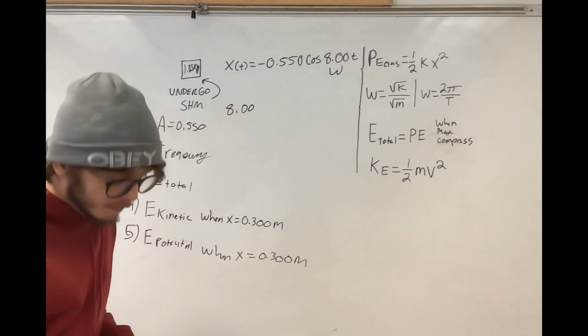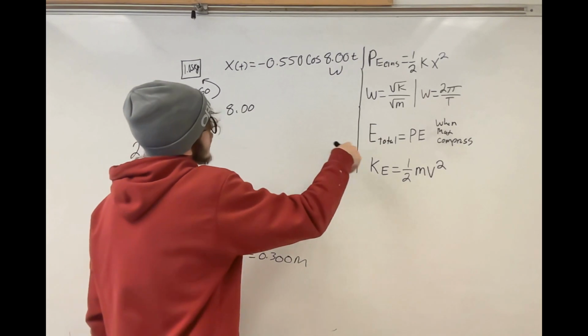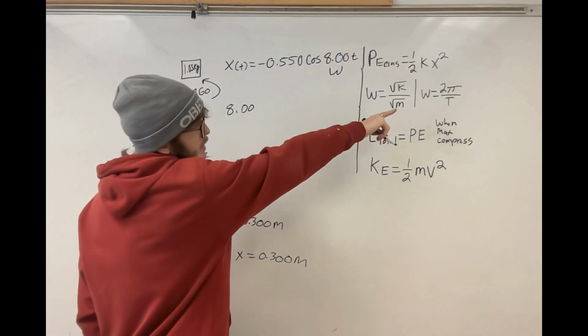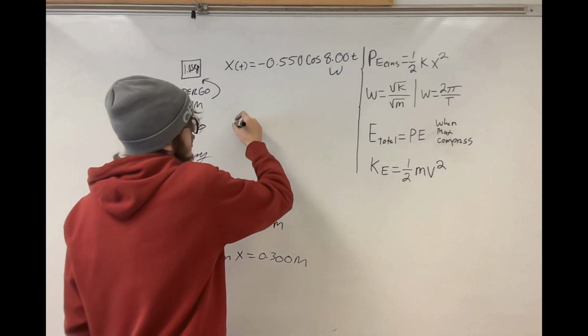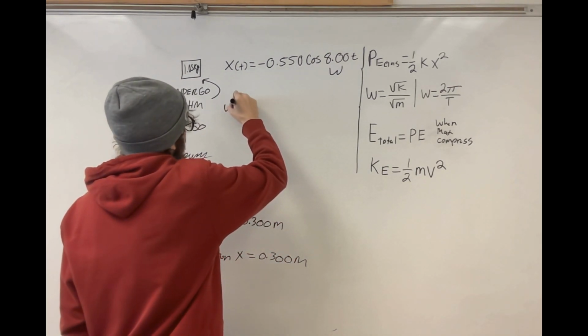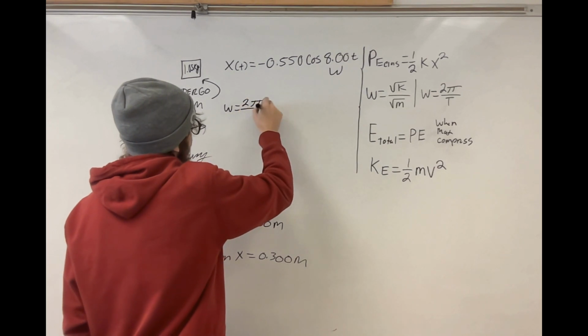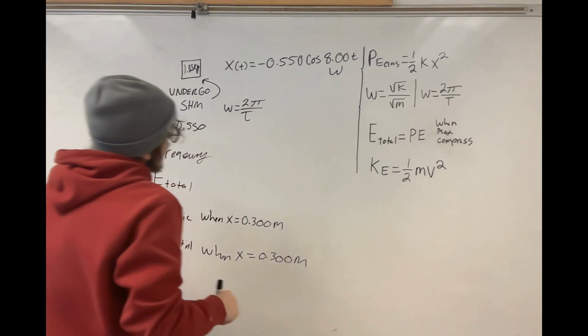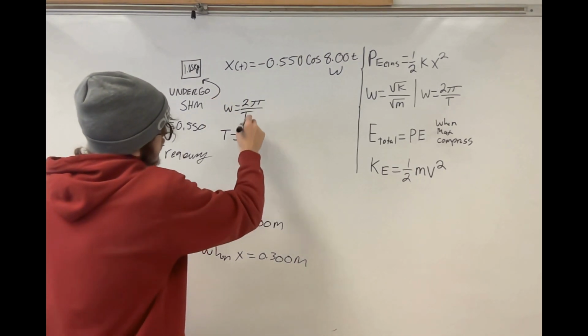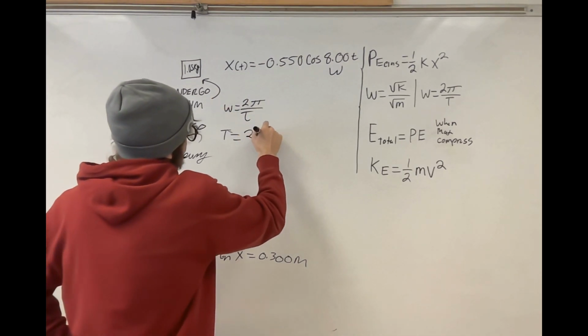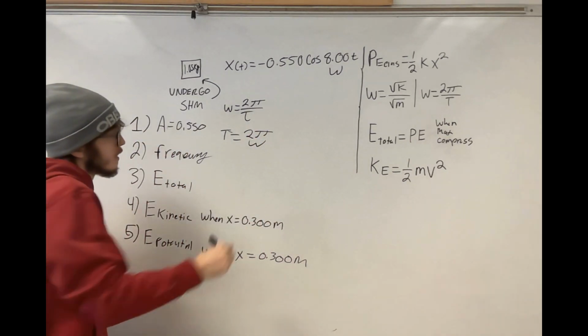So we're going to do a little bit of conversions. Before we do any calculations, we know omega equals 2 pi over T. Solving for T, if we swap their places, multiply and then divide, T is going to be 2 pi over omega.